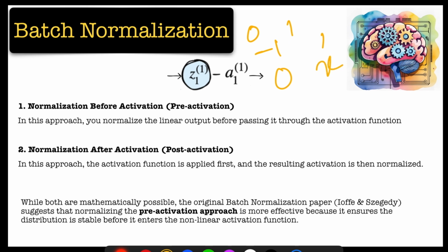So somewhat squeezing is happening in the activation layer as well. But that's why, before going through the activation layer, whatever the raw data we have, if we apply batch normalization on that and then pass it through the activation, then it will perform better. So that was suggested in the original batch normalization paper.